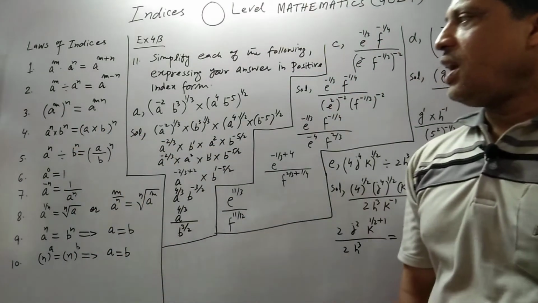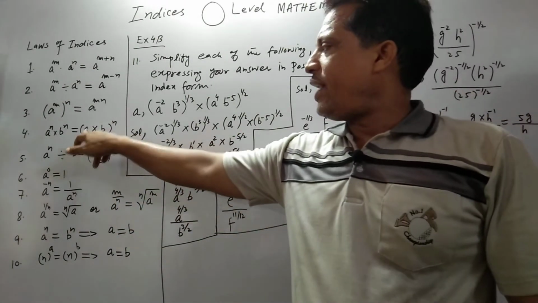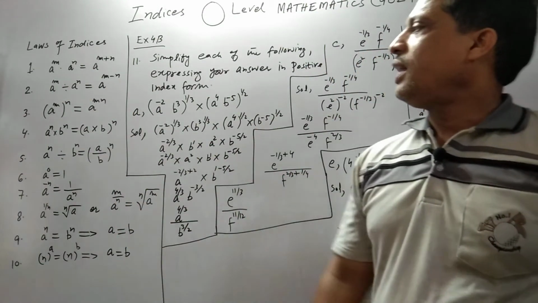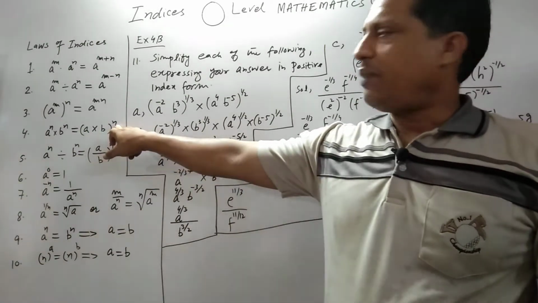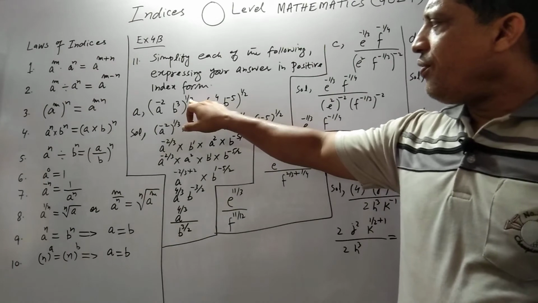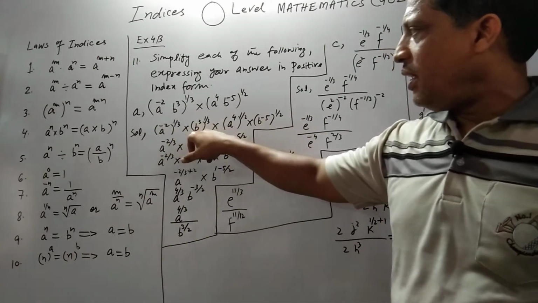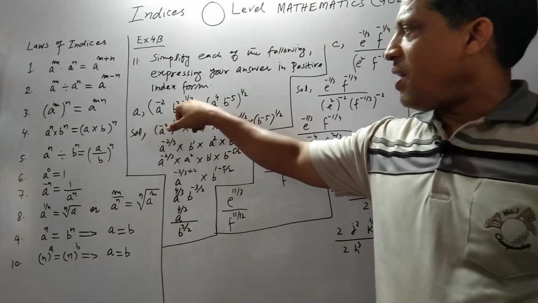This law says if we have two or three numbers, and all are multiplied, then we can apply the power on each and every number. So we can apply 1/3 on a^-2 and b^3.